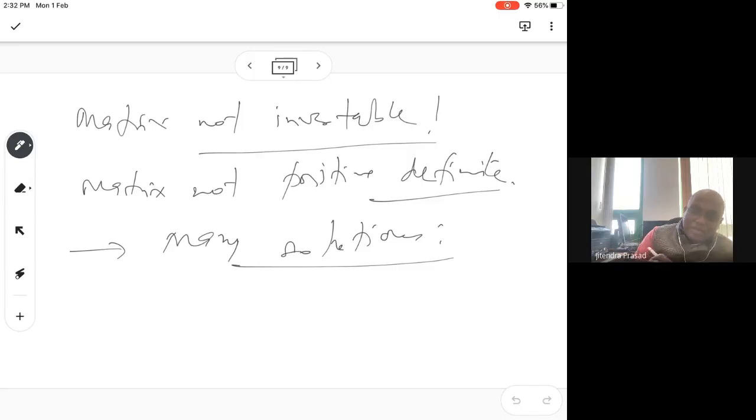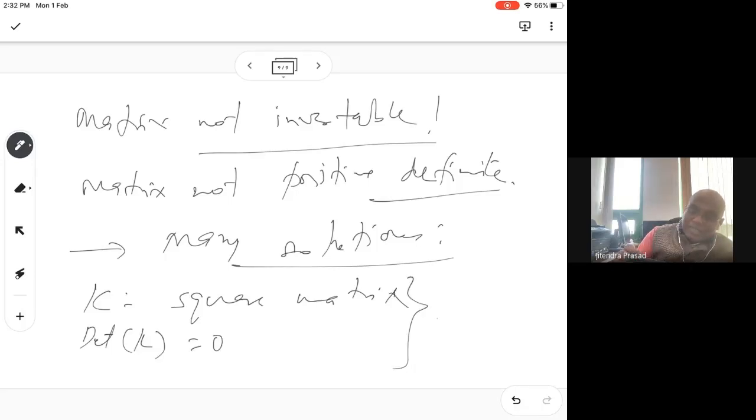K is a square matrix to begin with, right? Determinant of K is equal to 0. This may suggest K is symmetric.